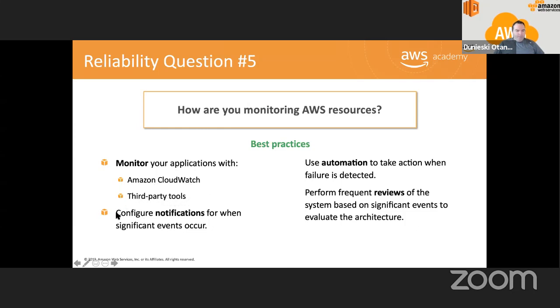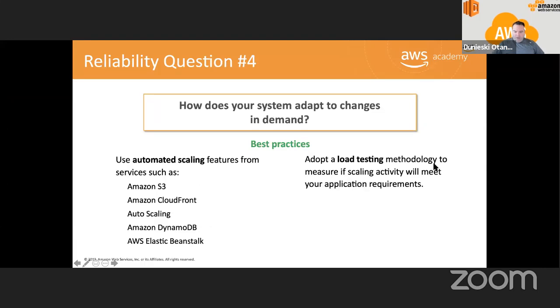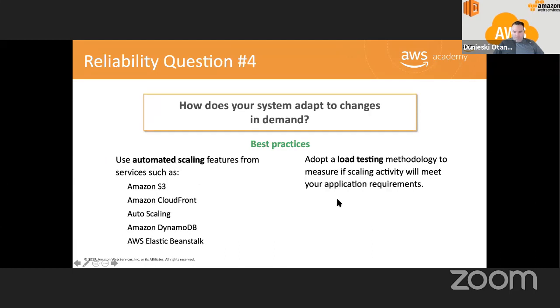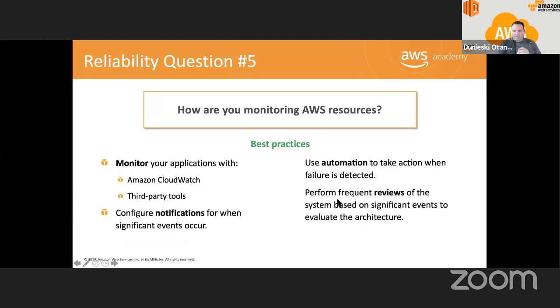Configure notification for when significant events occur. What's the service for this? SNS, Simple Notification Service, or Lambda as well. Use automation to take action when failure is detected, and perform frequent reviews of the system based on significant events to evaluate the architecture.